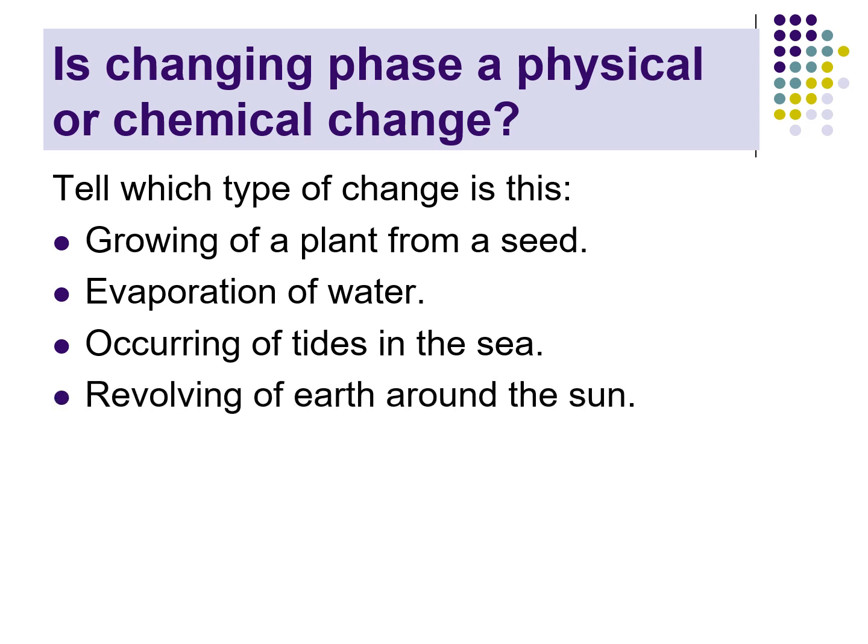Now, revolving of earth around the sun. We cannot say that it is either a physical change or a chemical change, because while it is revolving around, we can simply say that it is a periodic change. That means it repeats. The action will repeat after a particular interval of time, again and again. Am I right?